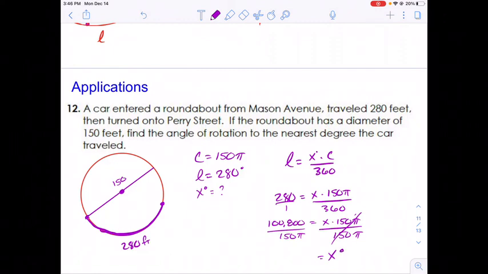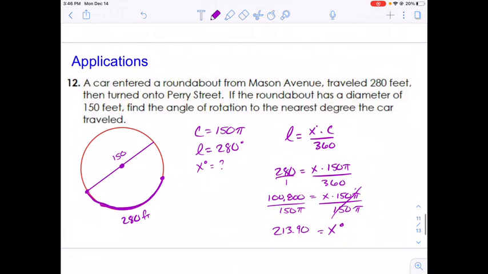When we plug this in and divide it out, we get 213.90 for x. It says round to the nearest degree, so x is going to be approximately 214 degrees that this arc is going to travel. Of course, this is not drawn exactly right.